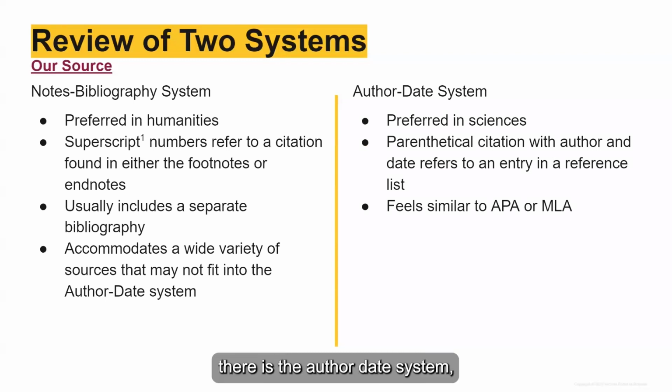Additionally, there is the author date system, which includes parenthetical citation with an author and date that then refers to a reference list that will be included at the end. And this looks and feels similar to APA or MLA citation. We will discuss how to create a bibliography or a reference list, regardless of the system that you're using.